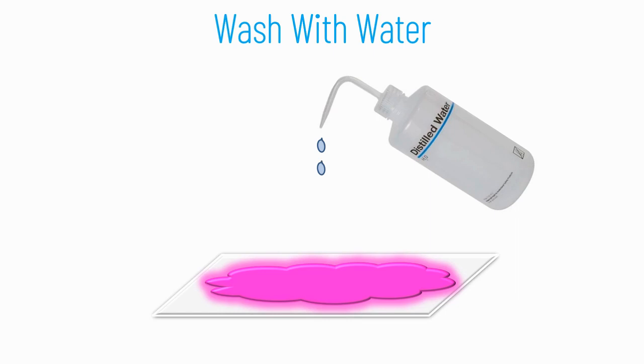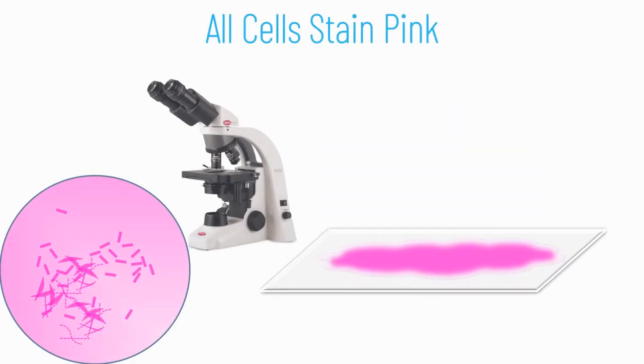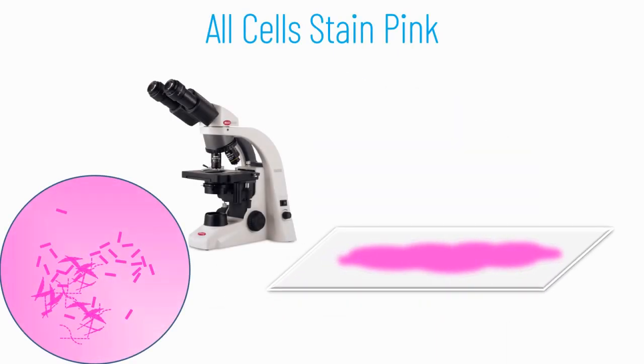Drain off the excess dye and wash with water. If you observe under the microscope after this step, all bacteria stain pink and differentiation among various bacteria is not possible.